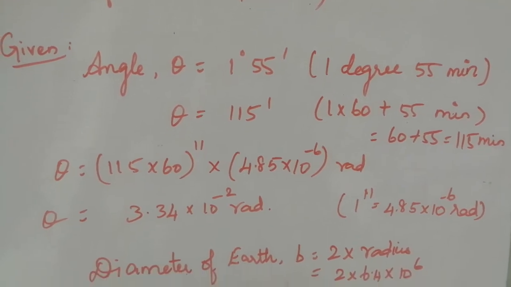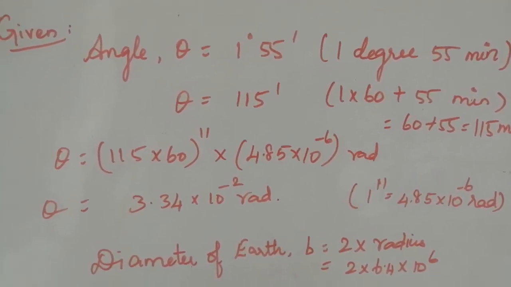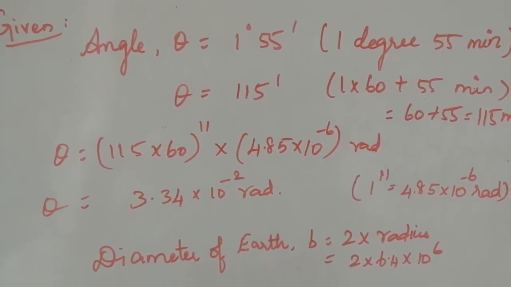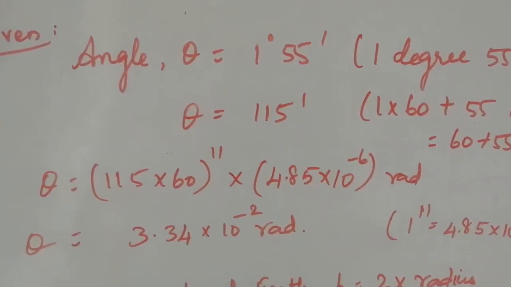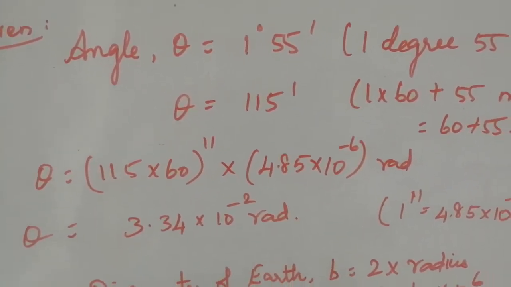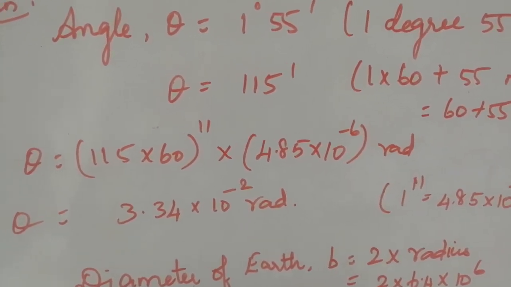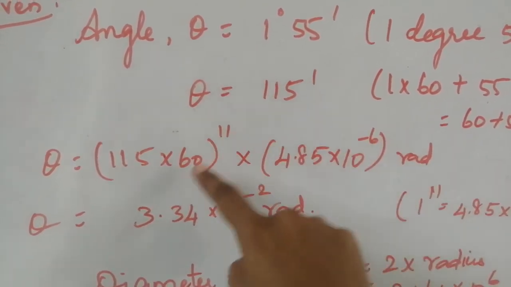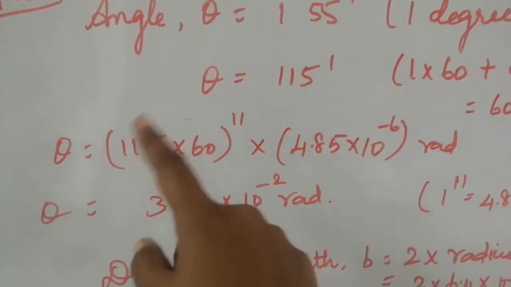Theta value, I'm going to take it into radians instead of degrees. To convert into radians, I have to first convert the whole term, degrees into minutes and then minutes into seconds. So now I have theta equal to 115 minutes. I have to convert that again into seconds. 1 minute equals 60 seconds, so I multiply 115 with 60. So it is 115 × 60 seconds.